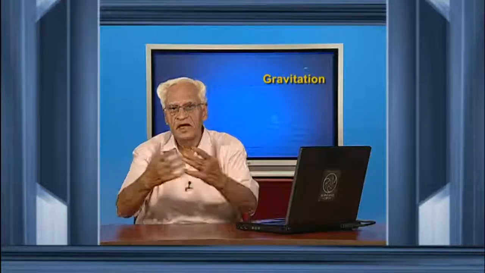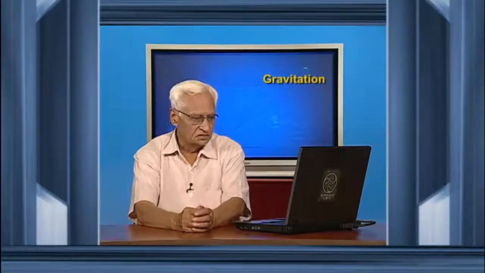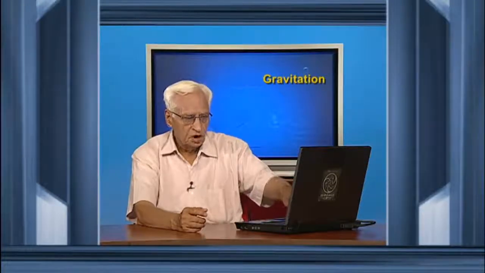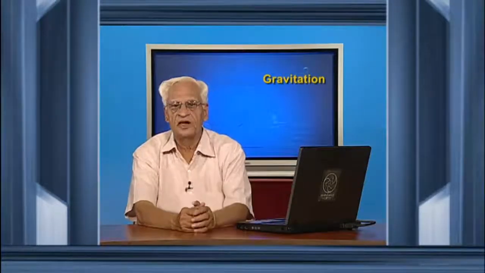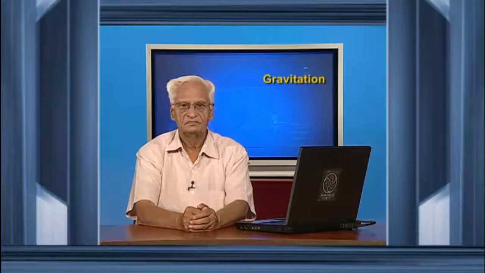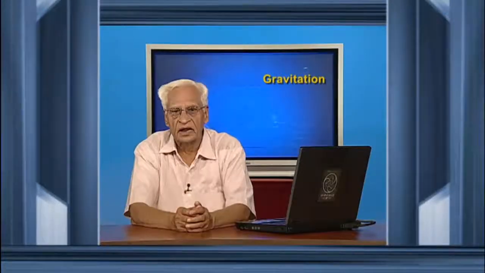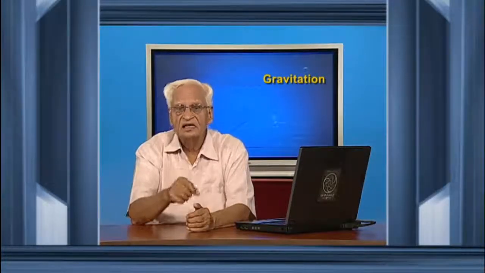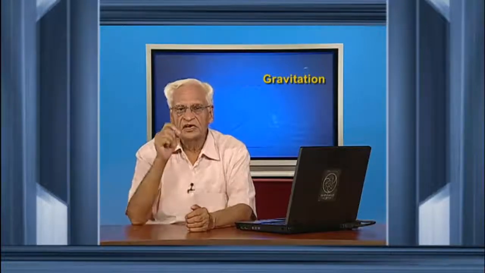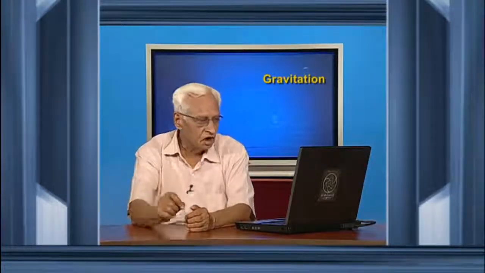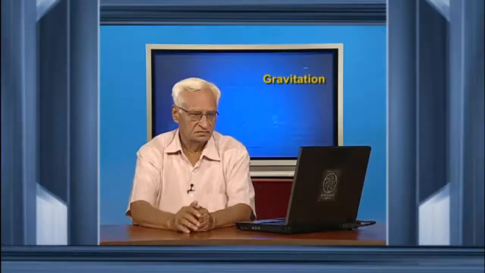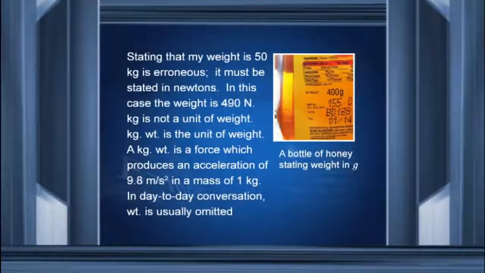However, in day-to-day conversation, we do not say the word weight. We simply say kilograms. As I said, my weight is 50 kilograms. What we should say is my weight is 50 kilograms weight, or 490 Newton. And here I show you a picture, and you can see the weight is expressed in grams, whereas it should actually be in gram weight.